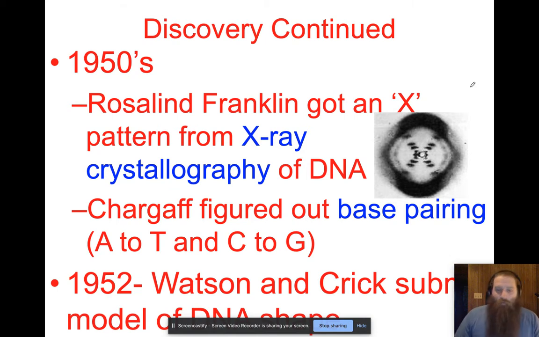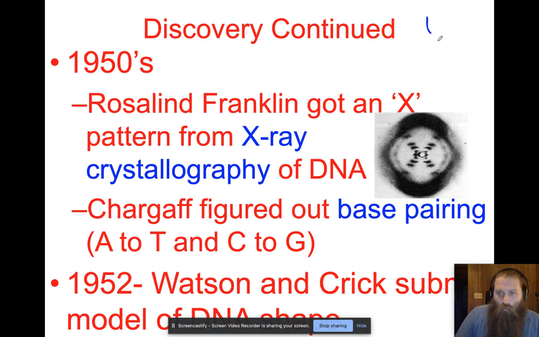And the last thing that happens in the early 50s that's of huge importance is the actual double helix model is submitted by Watson and Crick. Watson and Crick get credit for saying, hey, DNA is a double helix. It's a twisted ladder.